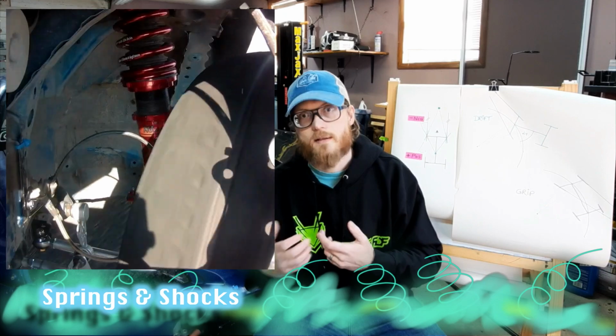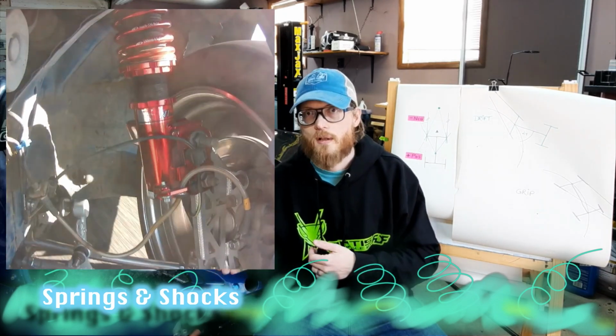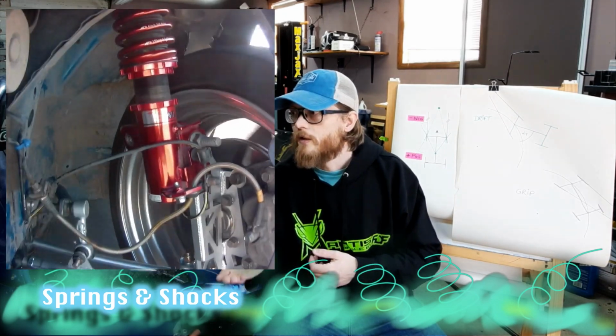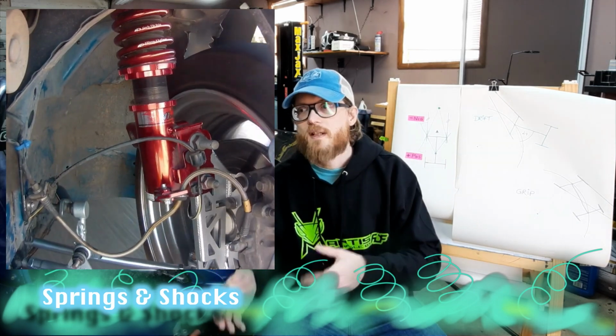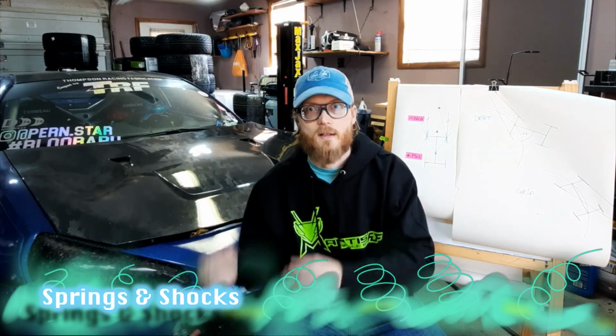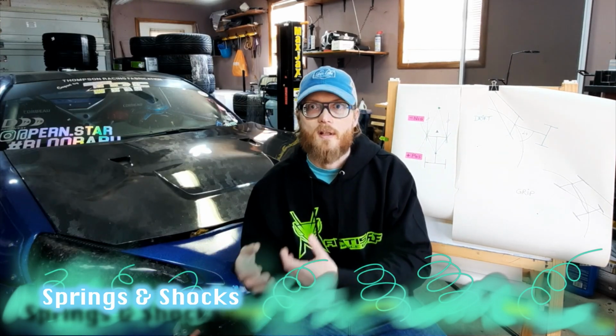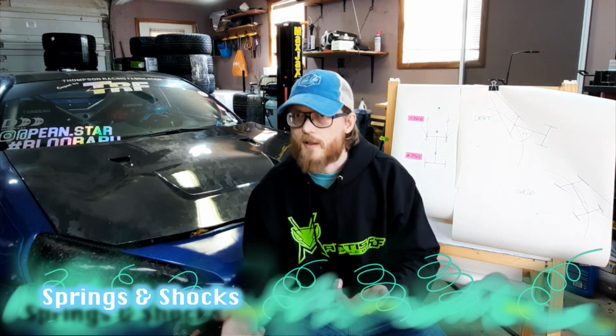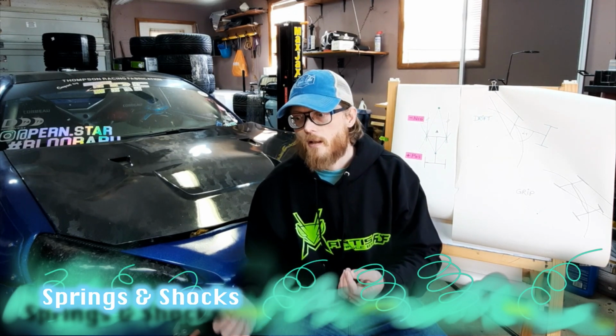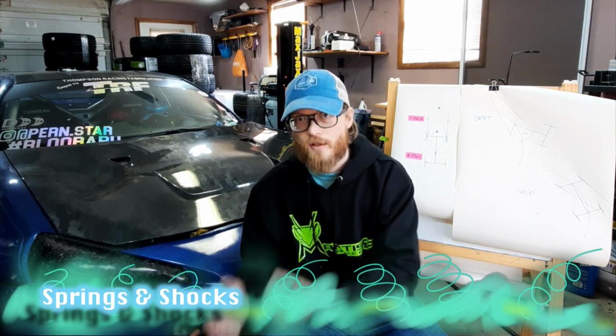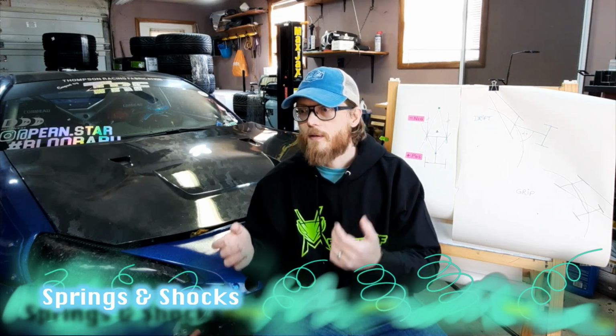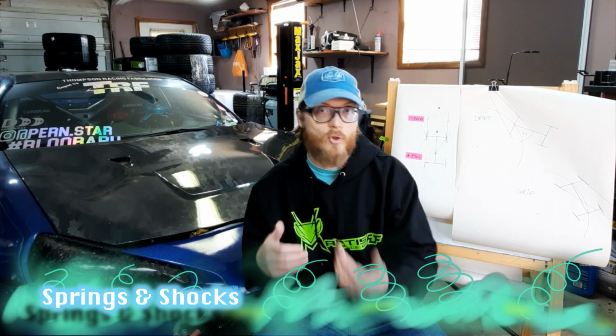Your tire is what contacts the road and affects a huge portion of how much traction your car has. The shocks and springs basically determine how much stress there is on your tires when they're going over these imperfections in the road surface, for example. So it puts less stress on the tire if your suspension is soft, and it puts more stress on the tire if the suspension is stiff.